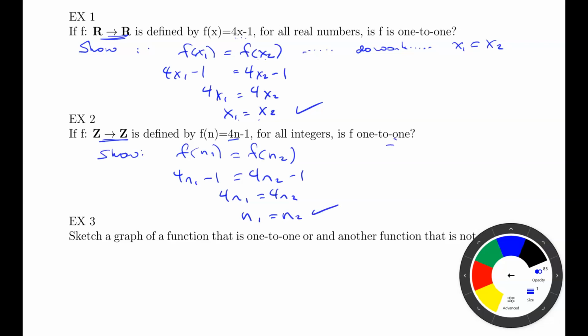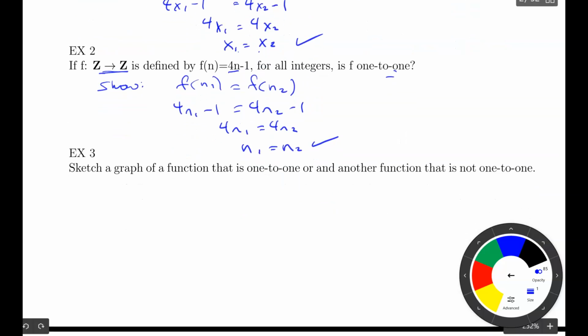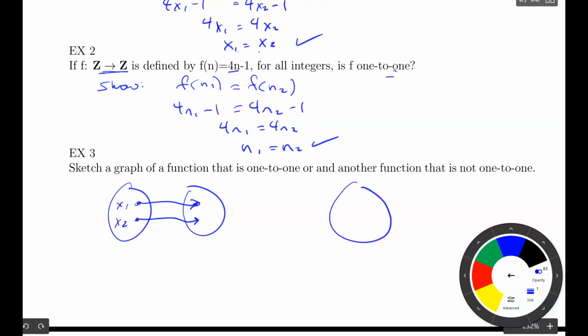Okay, so give a graph of a function that is one-to-one and one that is not one-to-one. I've kind of done this already, but let's just do it anyway. So here, x1, x2, that would be a one-to-one function. Then we call this f of x1 and f of x2, right?